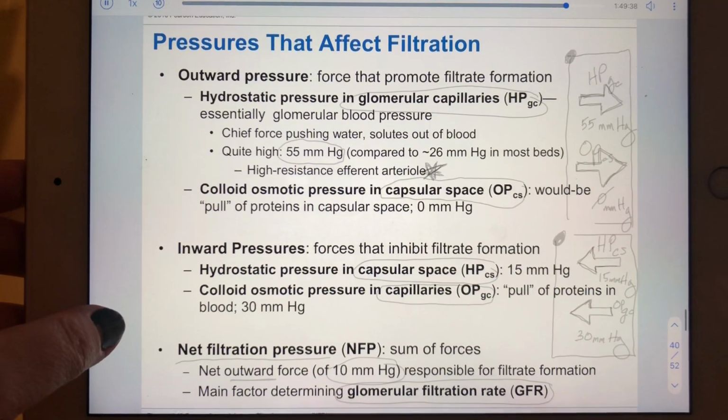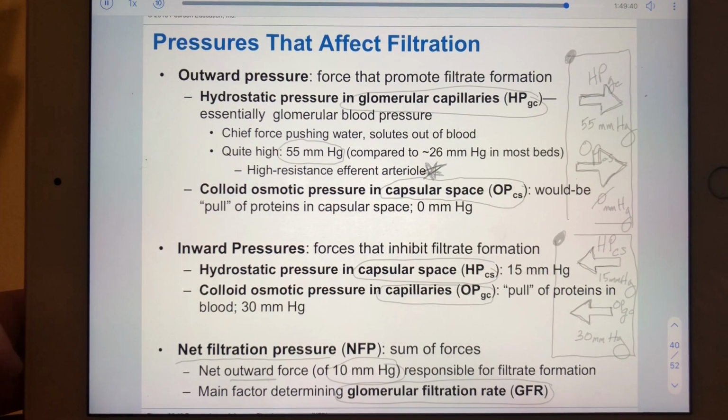Okay, the chief forces that are at play here that decide whether fluid enters the capsular space or stays within the lumen of the glomerulus are the hydrostatic pressure in the glomerulus, in those glomerular capillaries. Okay.